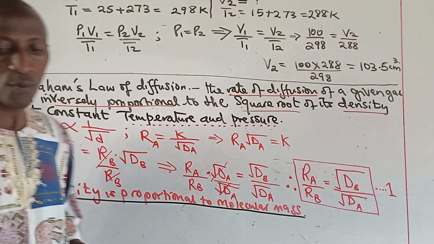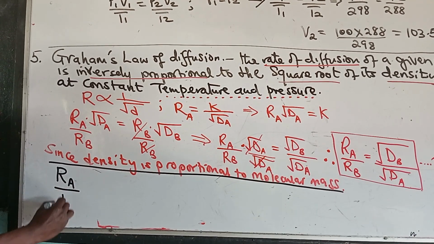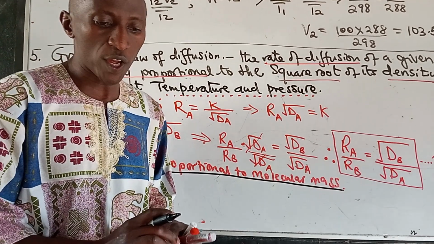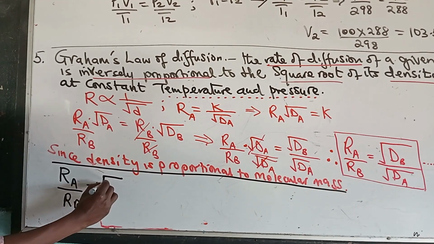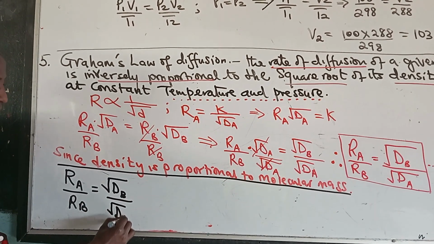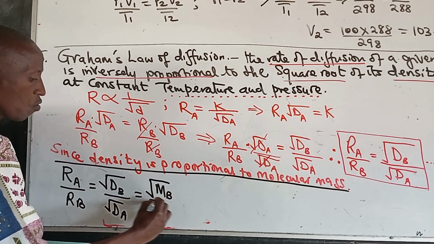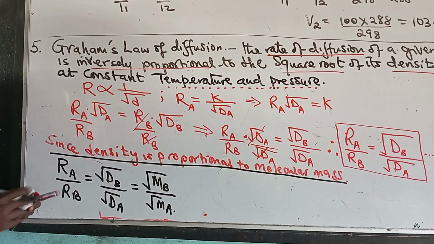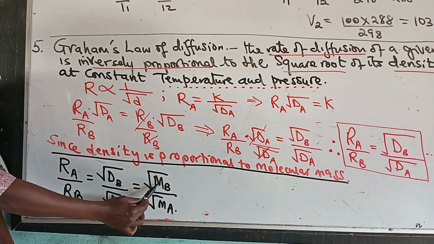That is, where we have the rate of A to the rate of B, we have a direct relationship with molecular mass, whereby the density of B over the density of A gives us the molecular mass of B all over the molecular mass of A. This is the meaning of what we have written, that density is directly proportional to molecular mass.